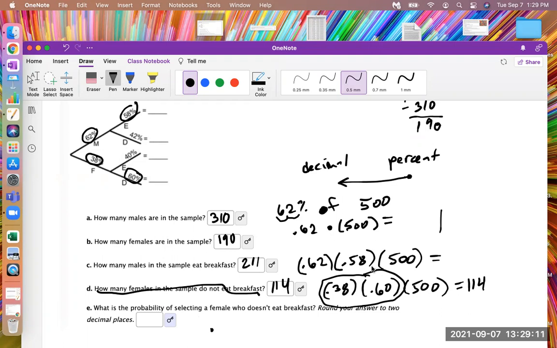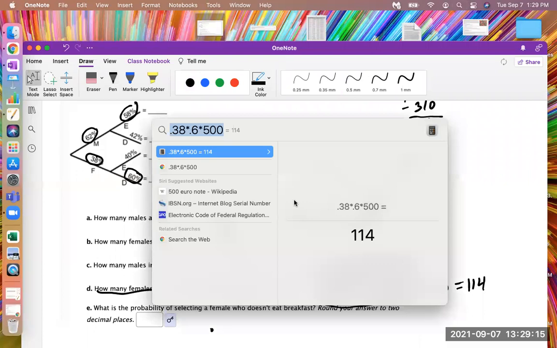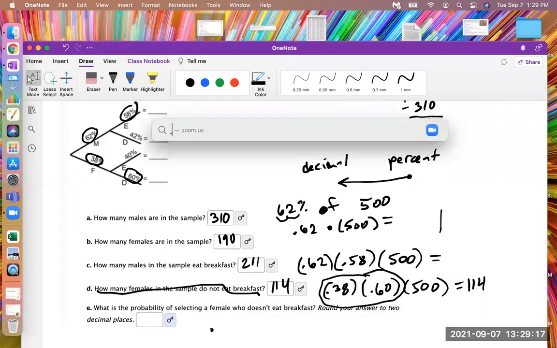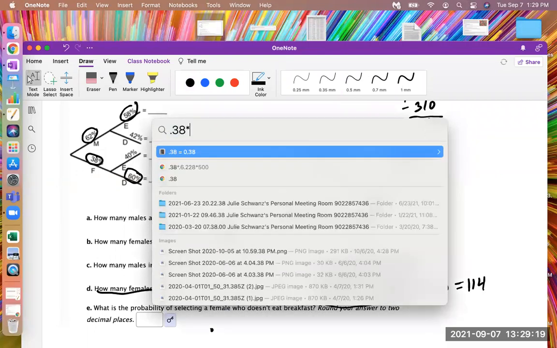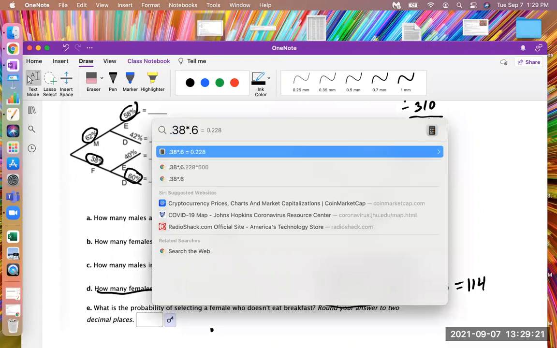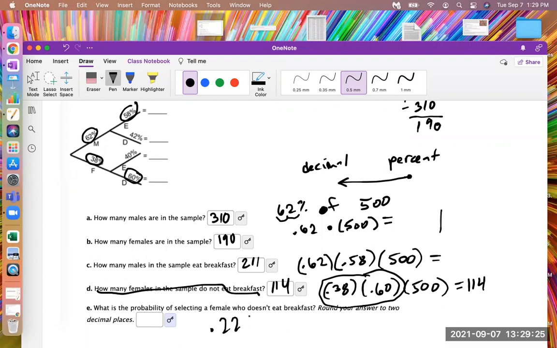And this final answer is just 0.38 times 0.6, which is 0.228, which they want to round to 2 decimal places. So they want no more numbers after the decimal. They want to round to the hundredths place, or 2 decimal places. So they look to the number to the right. They ask, is it 5 or greater? Yes, it is. You add one to the 2 and you get 0.23.